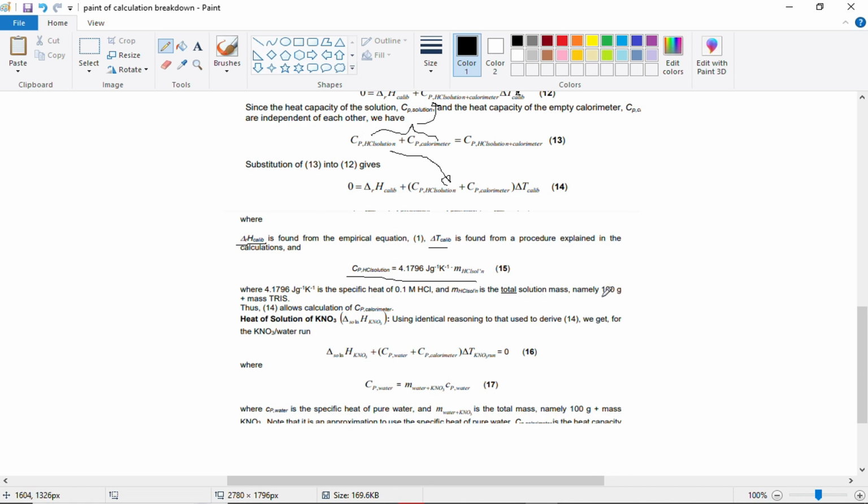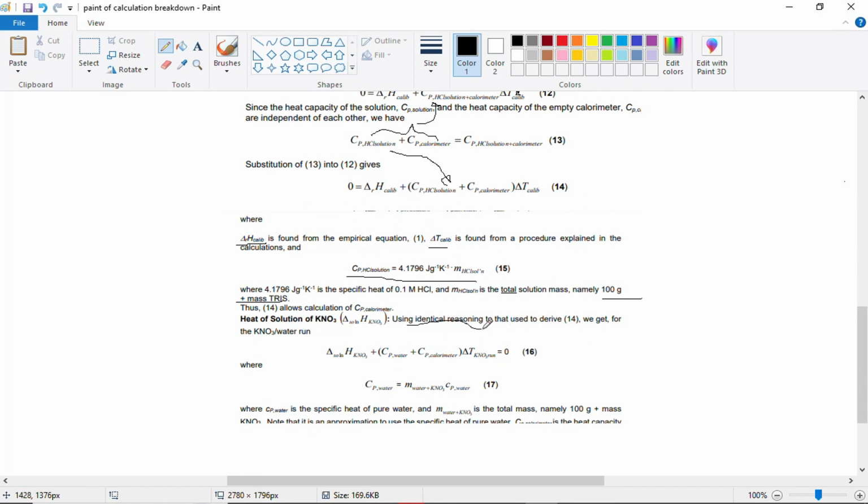It is worth noting that this is the specific heat capacity of the HCl solution when it's 0.1 molar, and the mass of the solution is the total solution's mass plus whatever mass of Tris that you're adding. Now that we have three knowns, we can actually solve for the constant pressure heat capacity of the calorimeter.